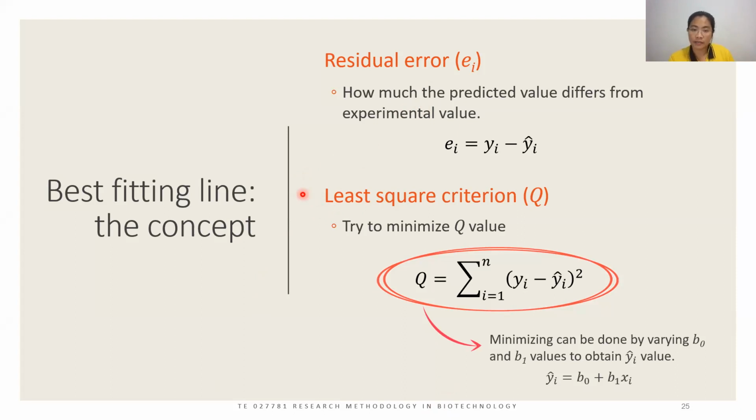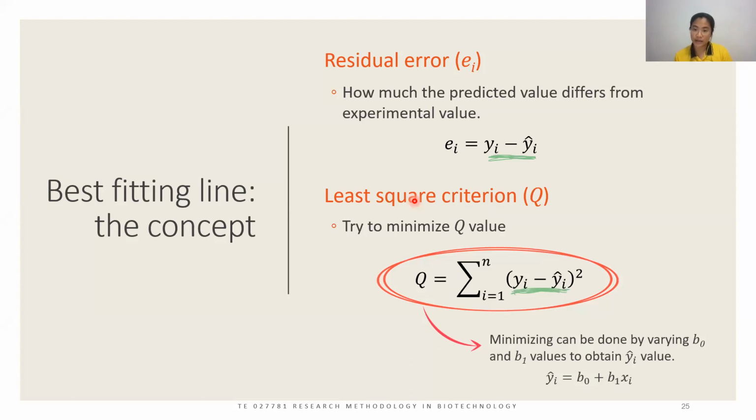The concept here is called the least square criteria. What we are trying to do in the least square criteria is this. You see that this is the residual error, and this is the equation.